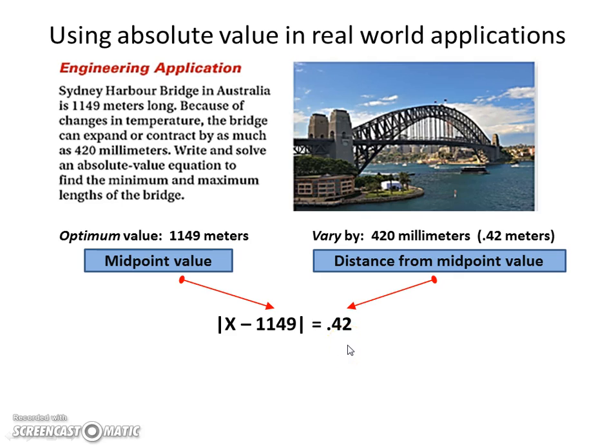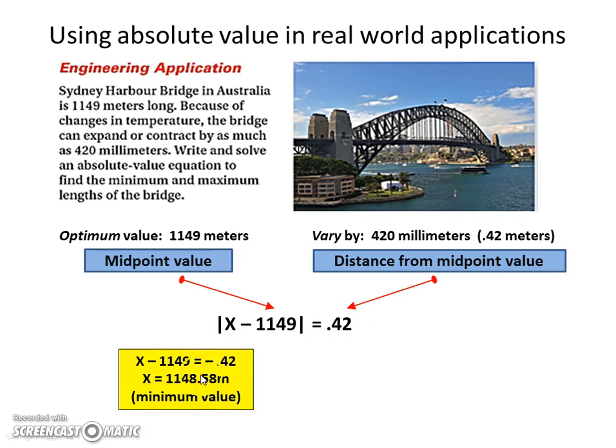So obviously there's going to be two answers, guys, the minimum and the maximum. The minimum is going to be when we take away 0.42, or if you think about it in terms of the segment drawing that we've been using, when you're going to the left, right? And that would give you a total value of 1,148.58 meters.